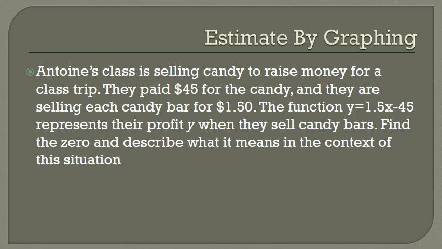Well, let's first look at this function. y is going to equal the profit. The 1.5 represents the selling price of the candy bar. x equals the number of candy bars sold.